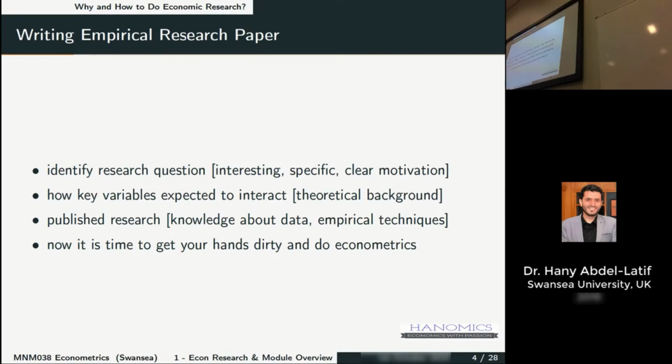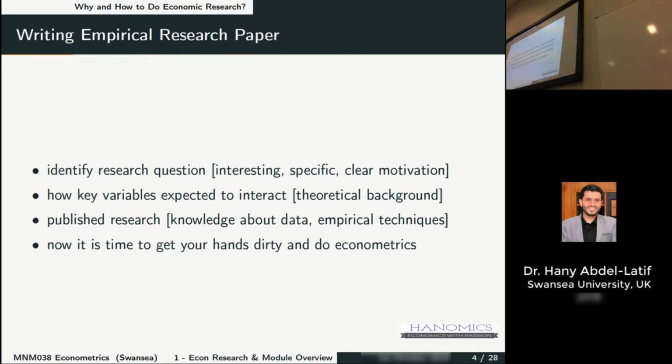Then you need to look at published research, because published research gives you an idea about what has been done. There is no point doing exactly something that has been done before, using the same data, in the same situation, using the same method. You're just replicating the whole thing, so it's not really adding much to our knowledge.